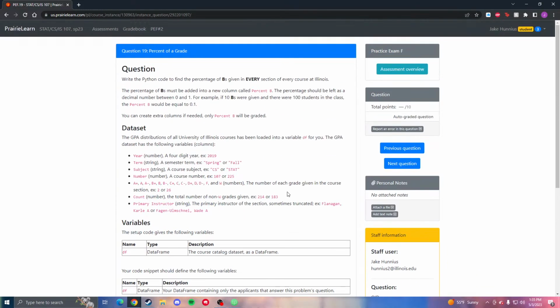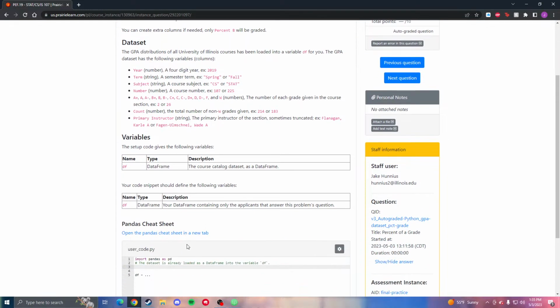So we need to create a new column where it's just going to be the percentage of B's in that class. The way we're going to do that is first you create the new column using the regular notation, and it's being called percent %B.